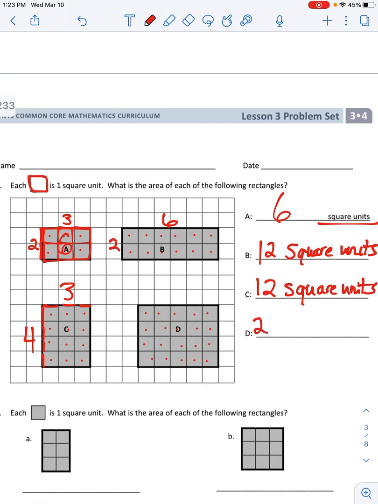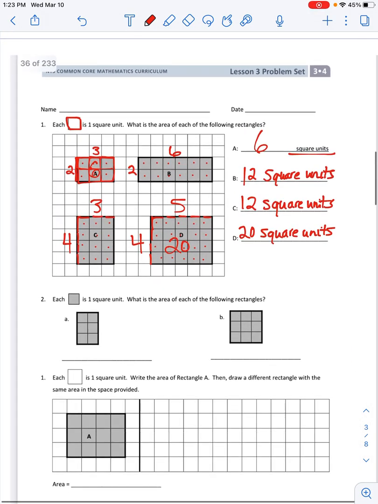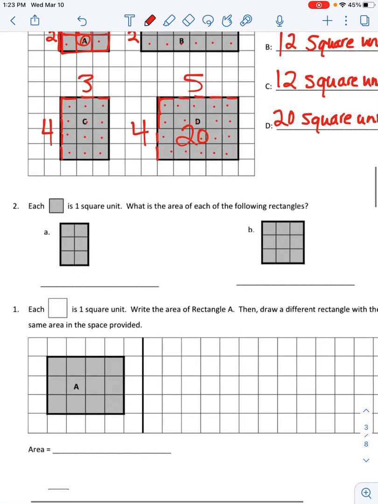So this one is 20 square units. I always have to write square units. I could have also looked at the length and said, okay, there were 4 squares on that side, and 1, 2, 3, 4, 5 here. 4 times 5 is 20. The inside amount is worth 20 square units. So that's how you do part A, or that first part.